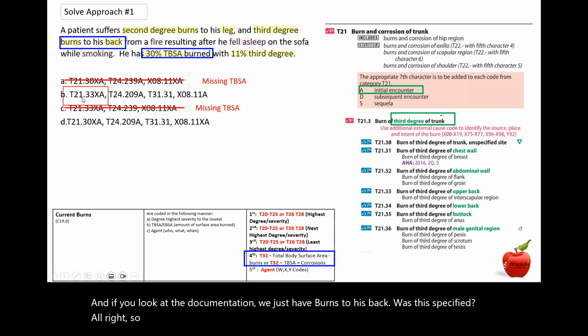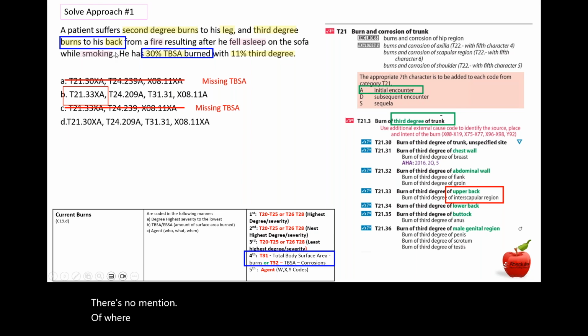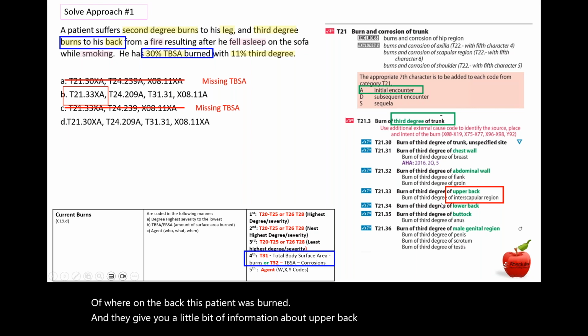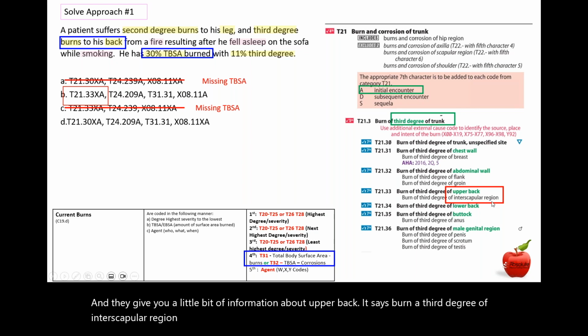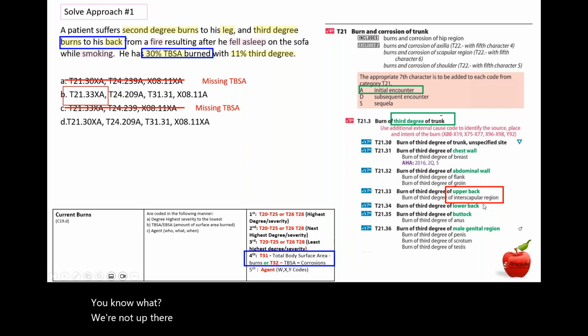All right, so let's look at T21.33XA. T21.33 is burn of the upper back, and there's no mention of where on the back this patient was burned. And they give you a little bit of information about upper back. It says burn of 3rd degree of interscapular region. You know what? We're not up that far. We don't know where on the back.